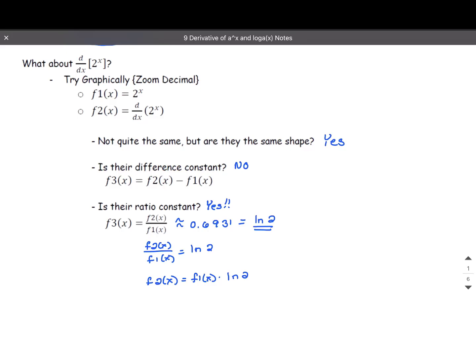Now, F2 of x was the derivative with respect to x of 2 to the x. F1 of x was 2 to the x. So we have just found that the derivative with respect to x of 2 to the x is the same exponential, 2 to the x, times the natural log of the base 2.